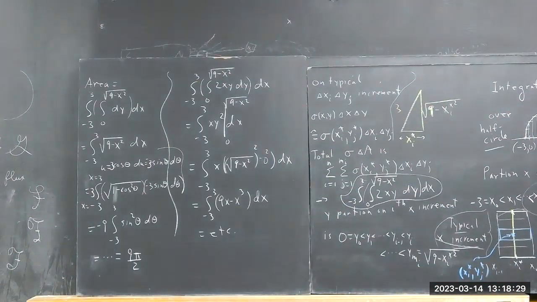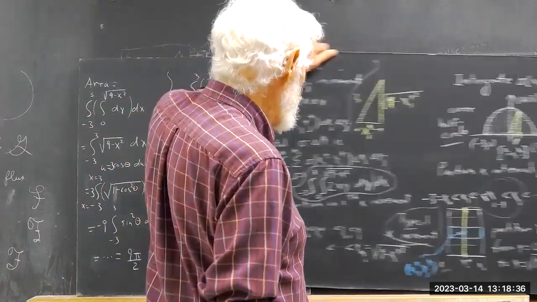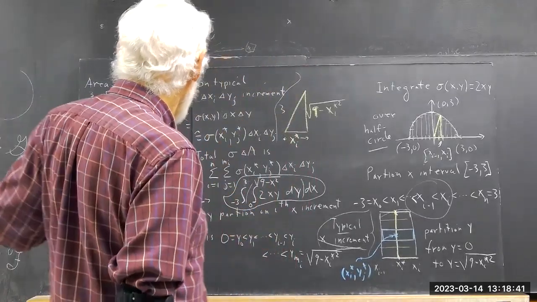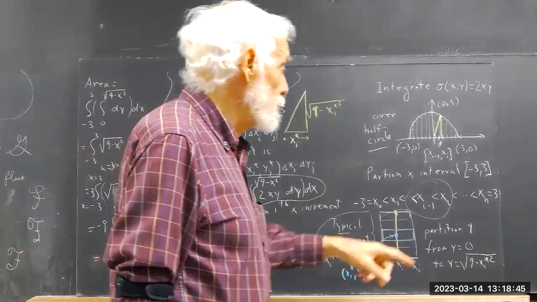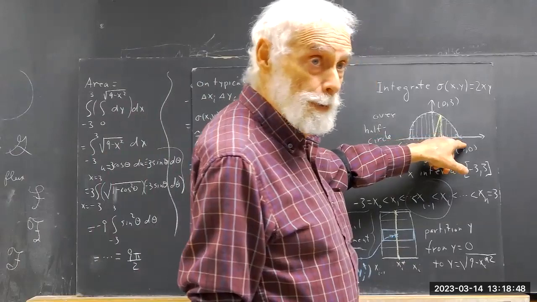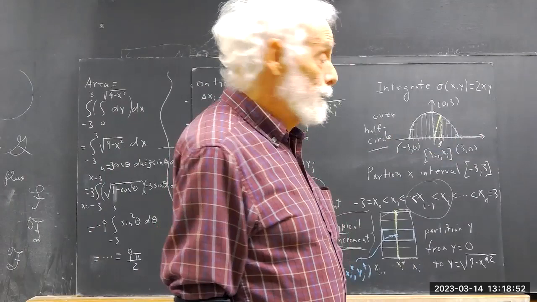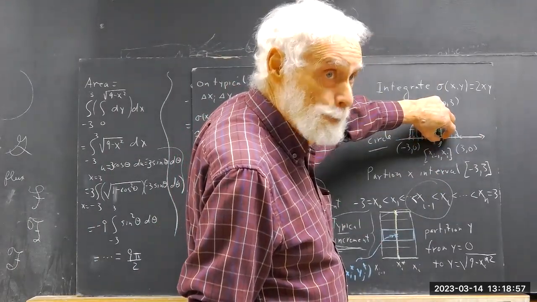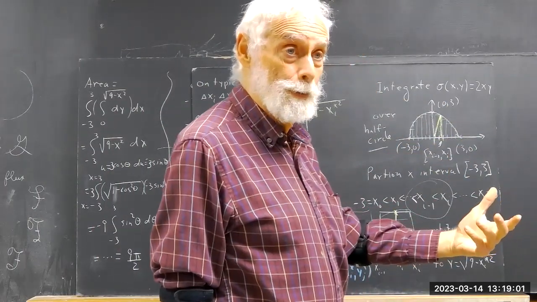The essence, and the thing I really want you to see, is what happens in the partitioning process, so that we know what limits to put on our interval. In the partitioning process, you partition one of your variables over the appropriate interval. And then you partition the other one over the typical increment in the partition of the variable you started with.